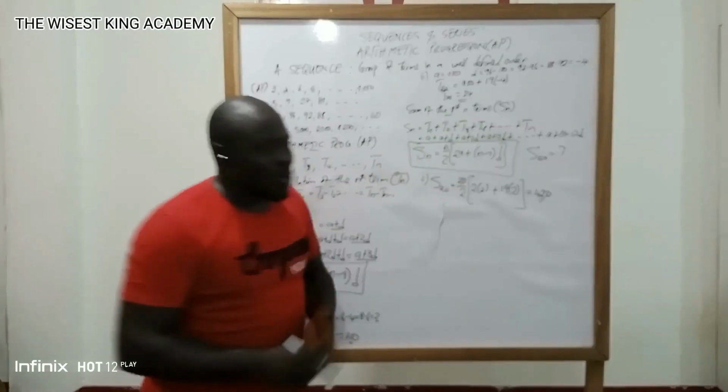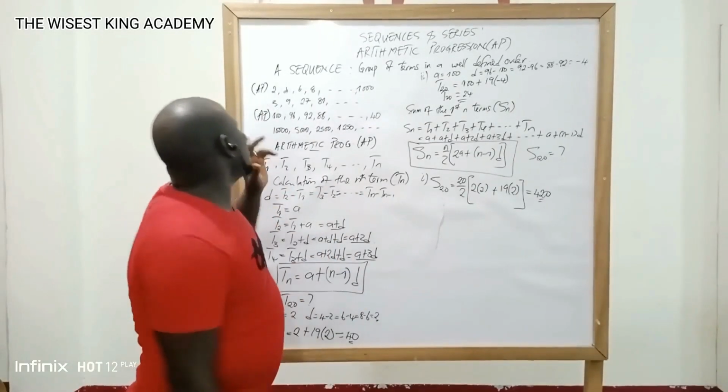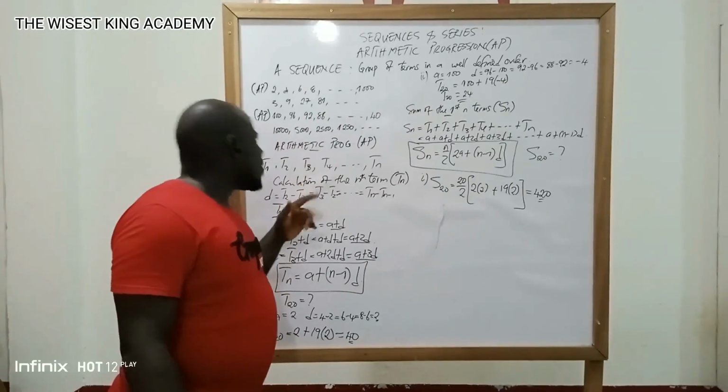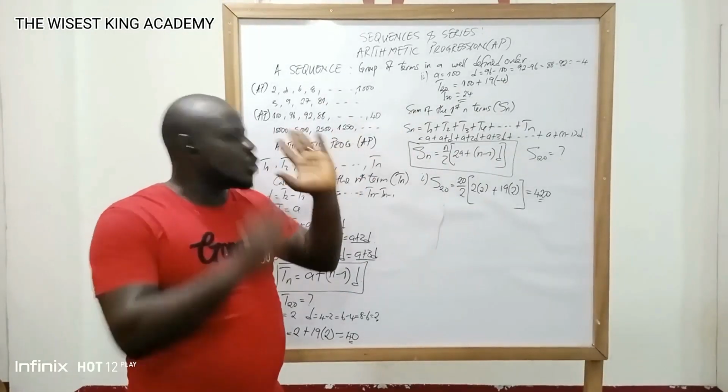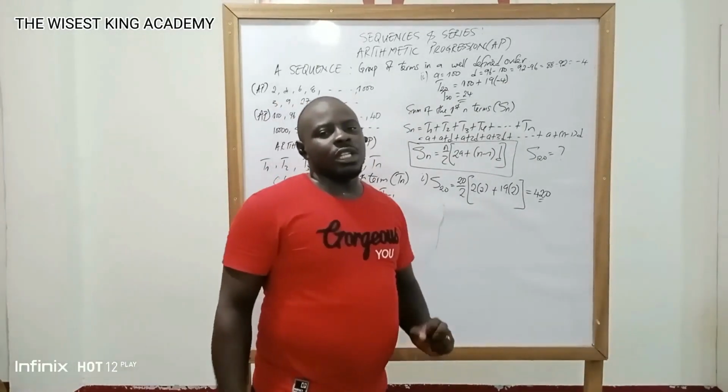If you take your calculator and add 2 plus 4 plus 6 plus 8, right up to the 20th term, it is going to give you 420.